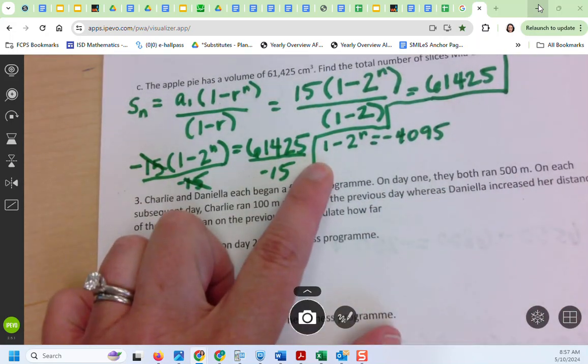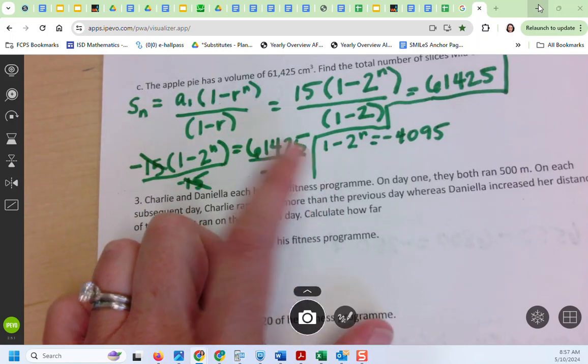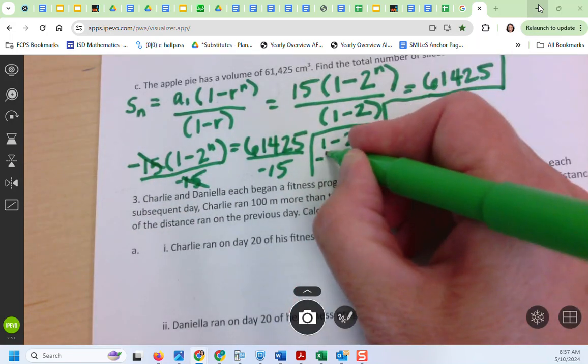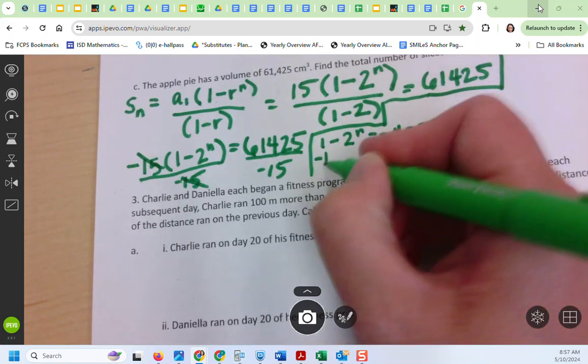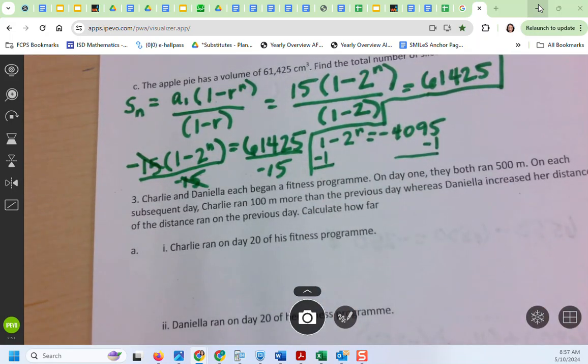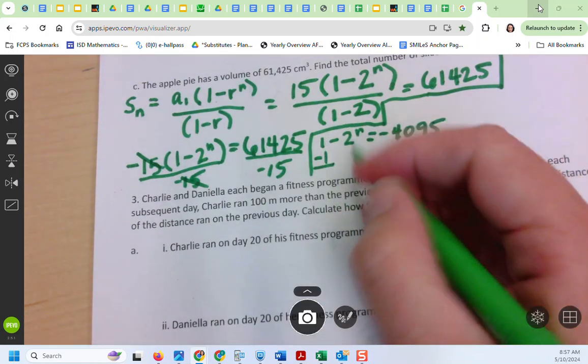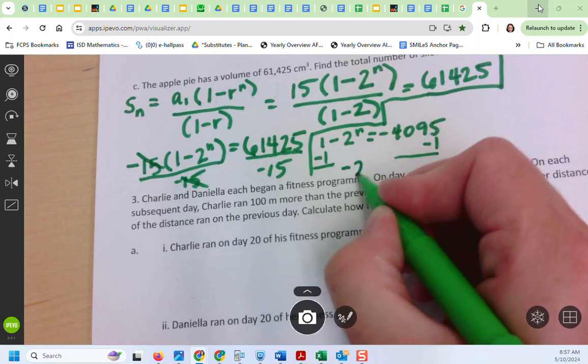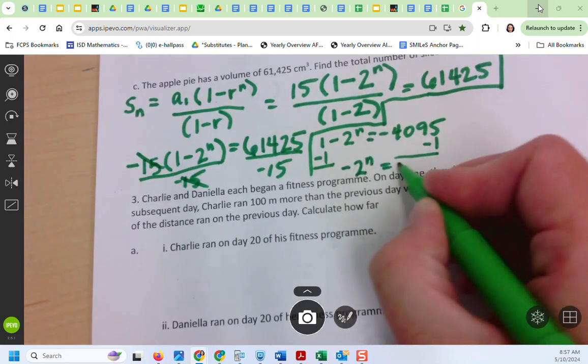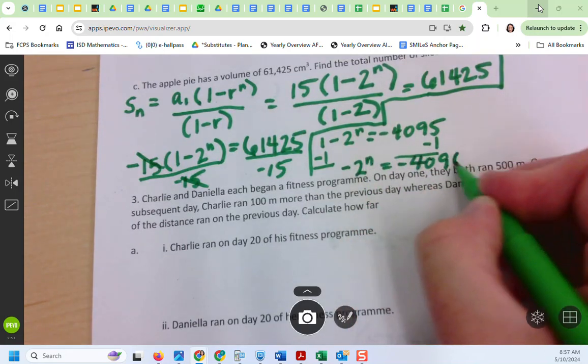Okay, I'm going to get rid of this positive 1 by subtracting it. So I'm going to subtract 1. And I get negative 2 to the n equals negative 4096.